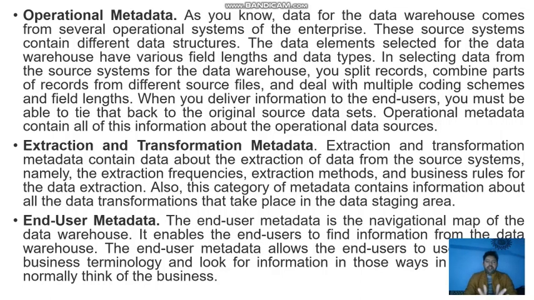Then we have end user metadata. End user metadata is a navigational map of the data warehouse. It enables the end user to find information from the data warehouse, that is, how to find the data from the data warehouse.